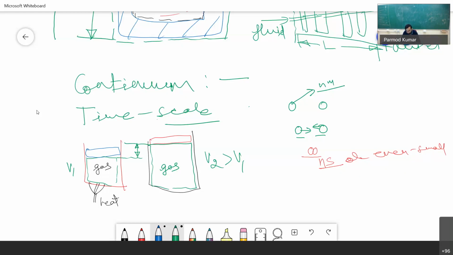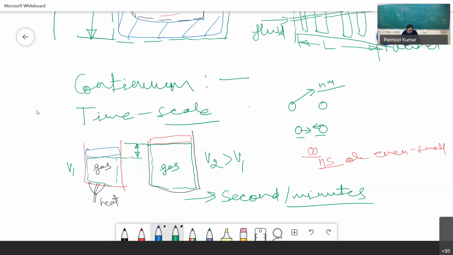So when we are moving from one state to another state in the engineering scale, system property or behavior is changing. The time required for that change will be of the order of seconds or minutes. So these processes will be happening in a few seconds or a few minutes.